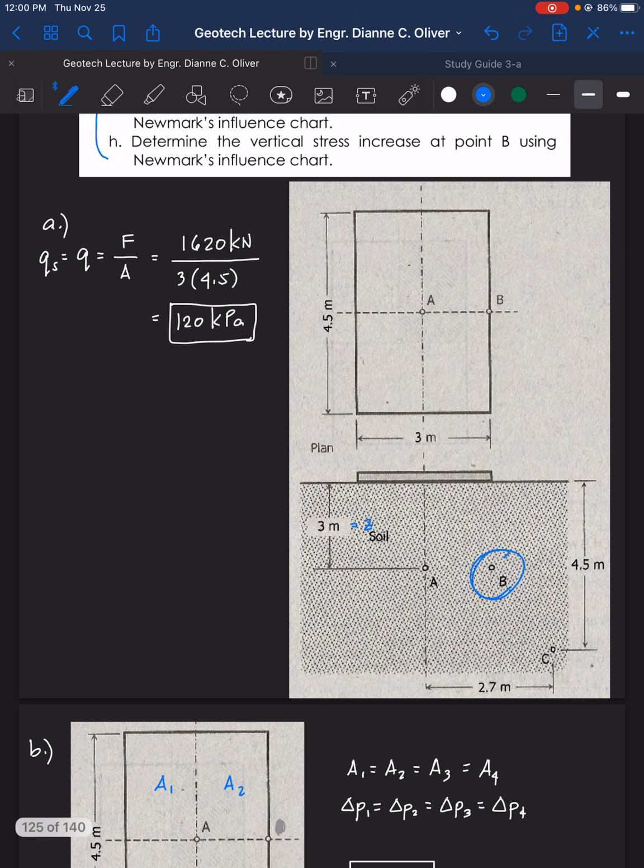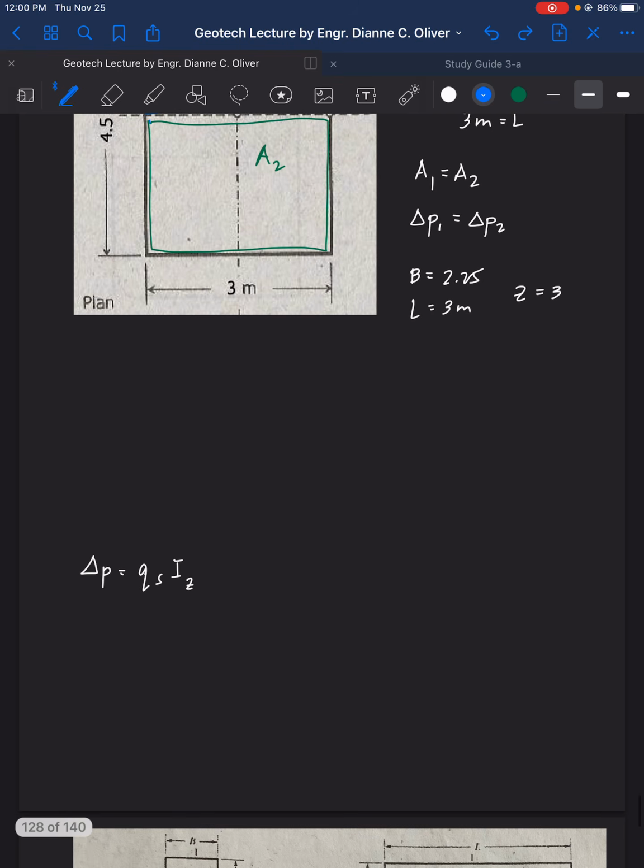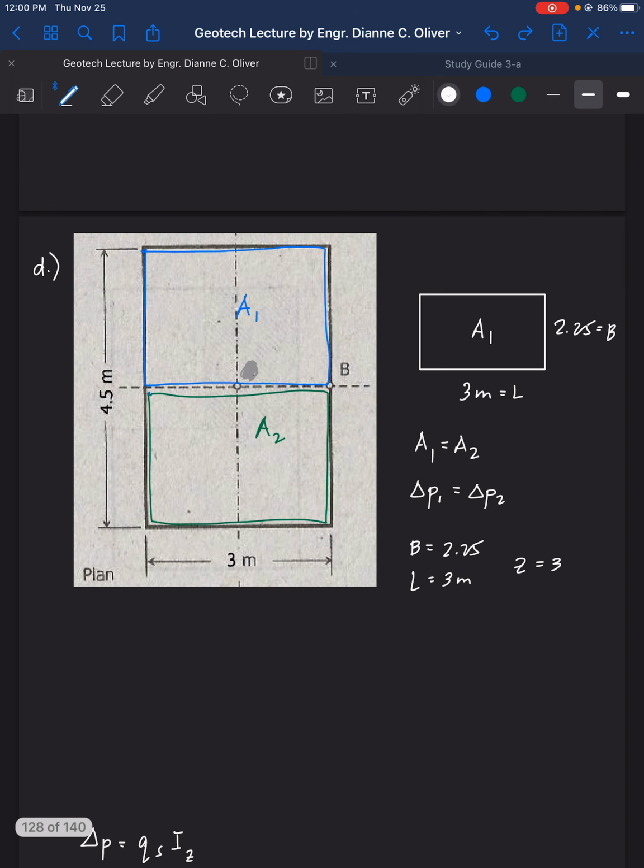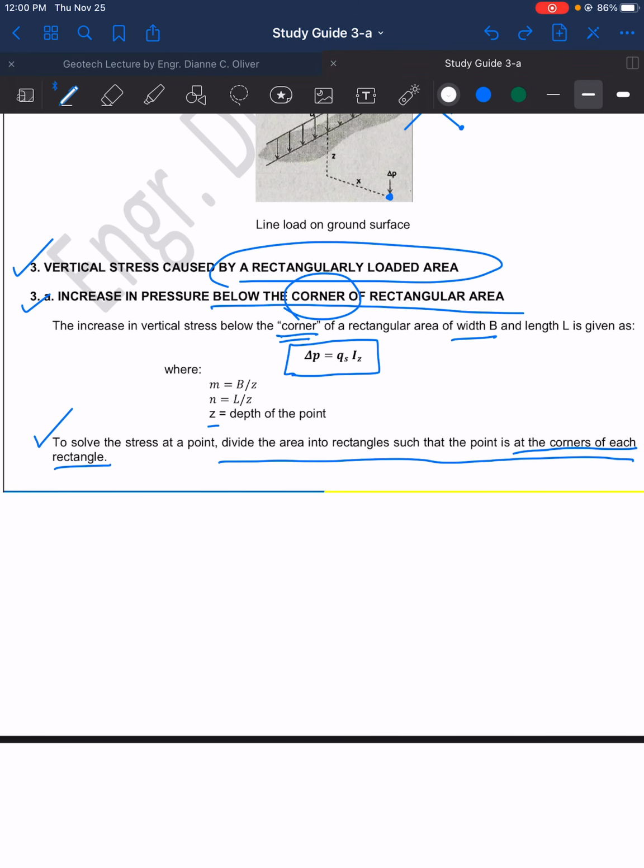Yes. So this is point B, and its depth is the same as point A, which is 3 meters. Right? So let's find now the value for M. Again, a while ago, how do we compute for M?